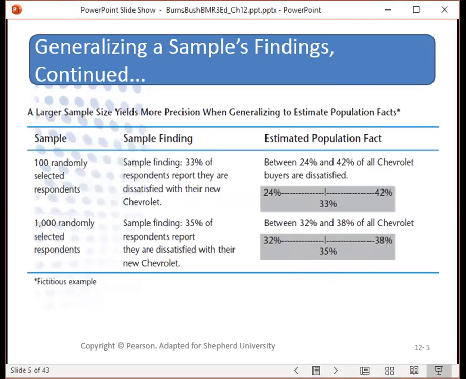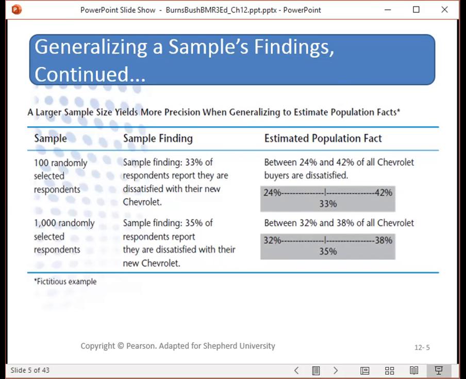Here we have a table that shows how we might generalize our sample findings to the population of all Chevrolet buyers in the case of a sample of 100 versus another sample of 1,000. With the 100, notice how much wider or imprecise the interval is for our estimate of the population.